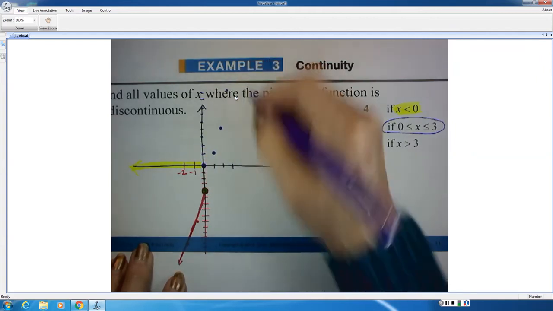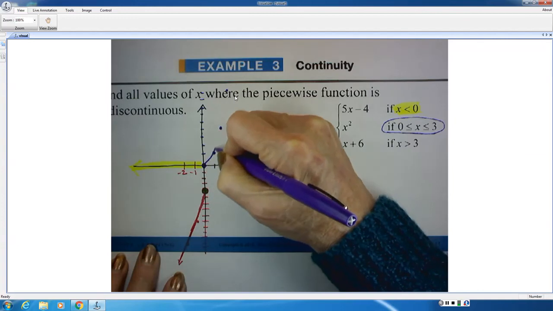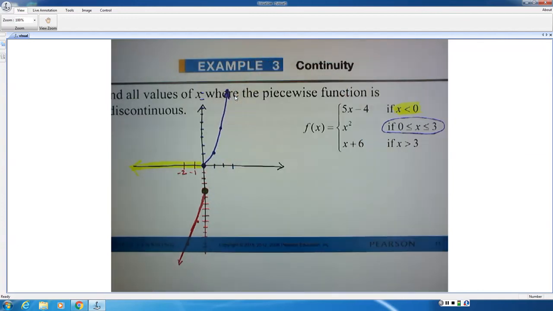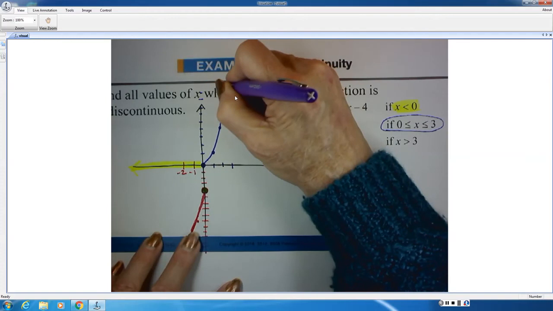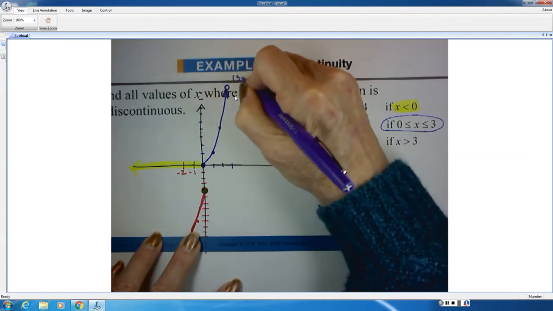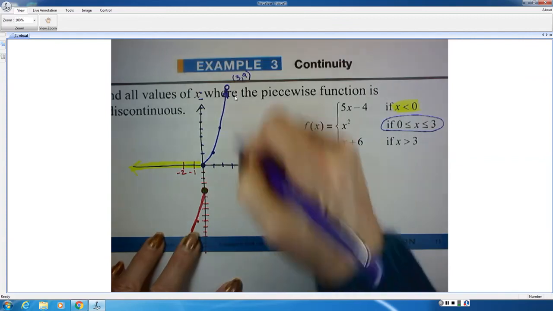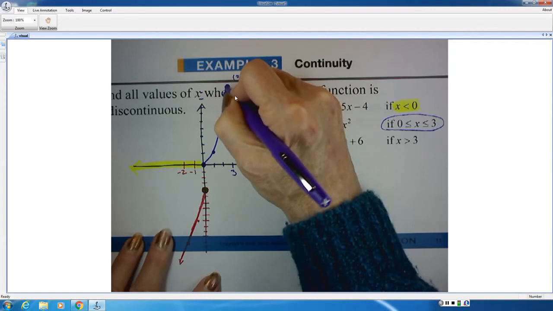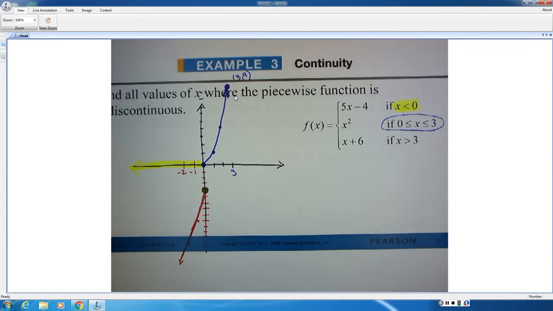And 9 would be on up here. So it would be making a piece of a parabola, and it would continue on up, but it's not going to go past 9, because at x equals 3 it does have the value 9, and that is included, but it stops there. It stops.